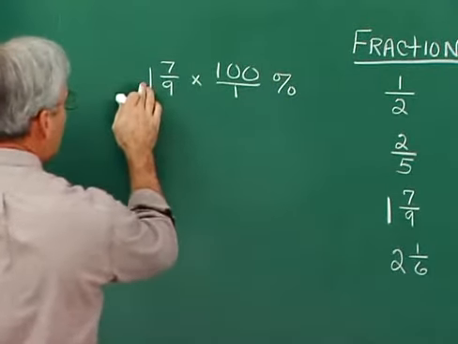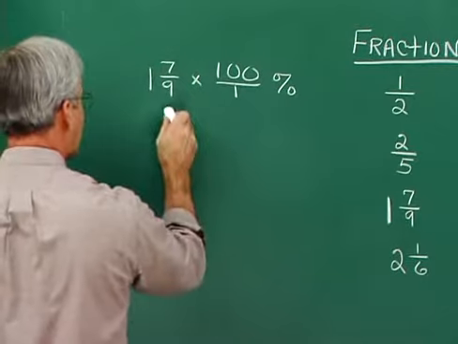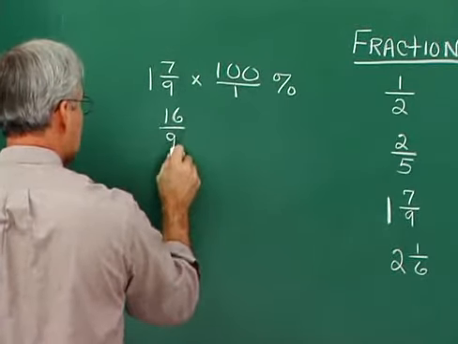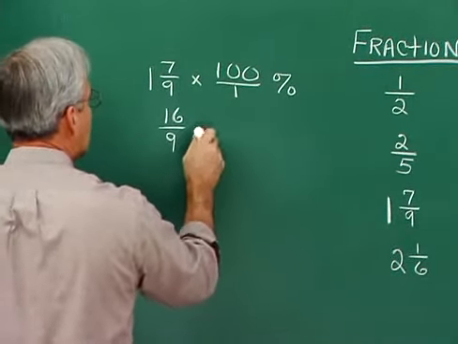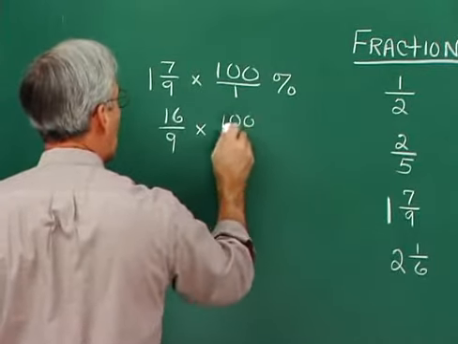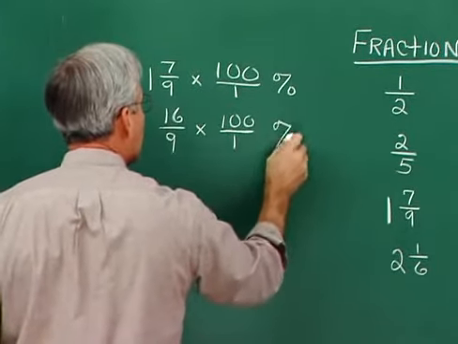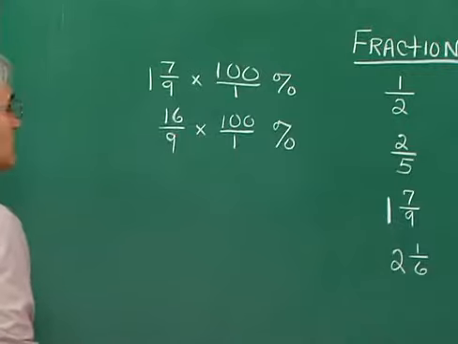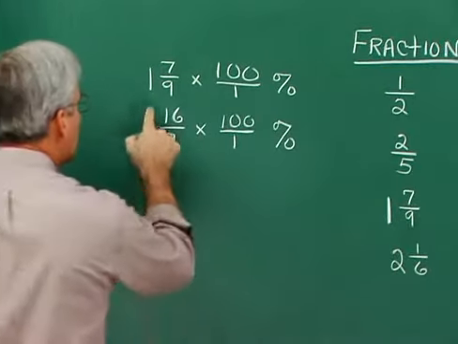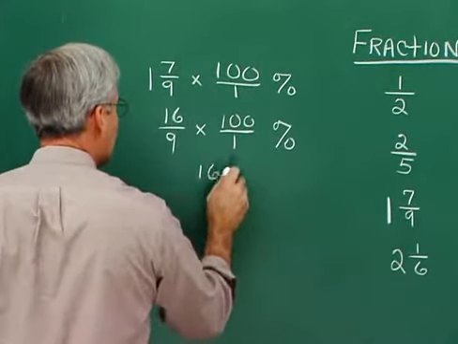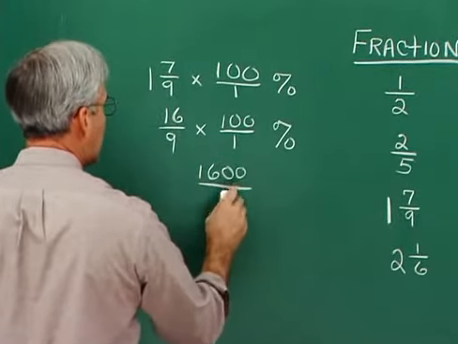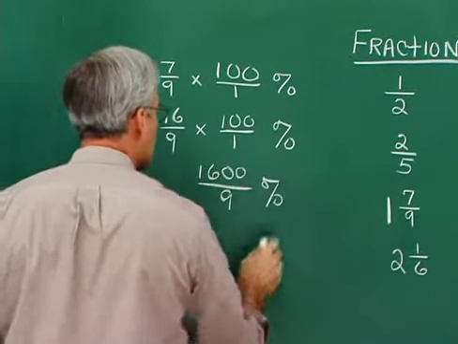Now, 9 times 1 is 9. 9 and 7, 16. So this is 16/9, you see, times 100 over 1%. And now we would look for cancellations. Gee, I don't see any. So it's 16 times 100, and that turns out to be 1600. 9 times 1, 9. So it's this percent.